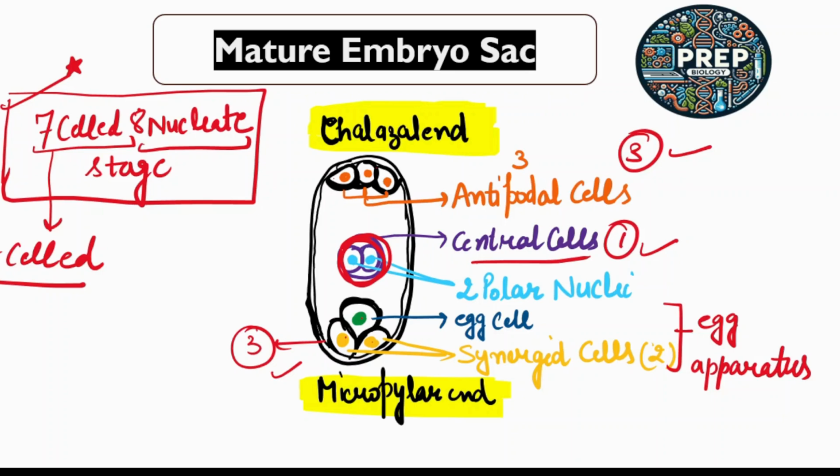Now 8-nucleate. Understand it carefully. 8-nucleate means each antipodal cell has its nucleus. 1, 2 and 3 nuclei here. 2 synergid cells and 1 egg cell have their nuclei, 3 nuclei here.